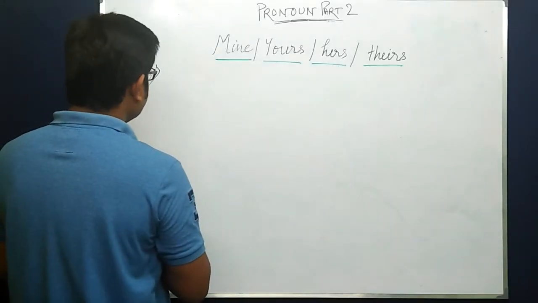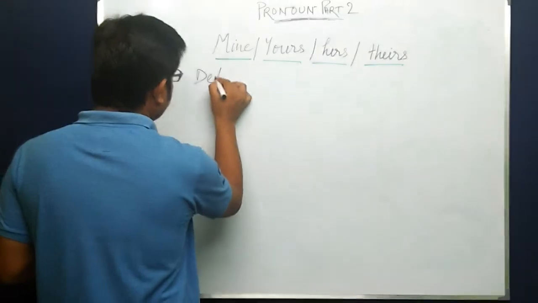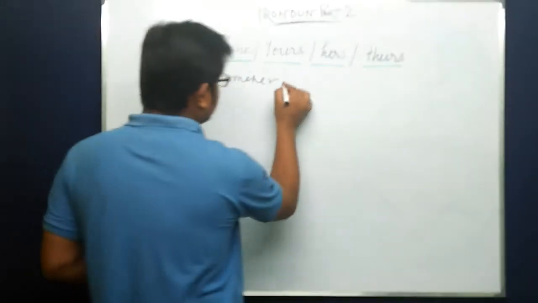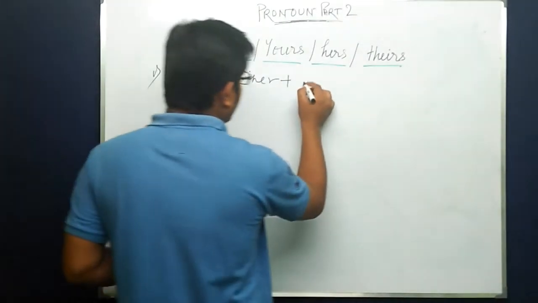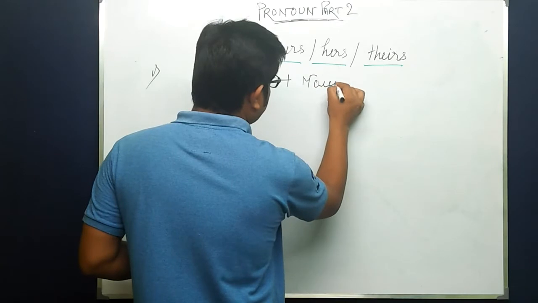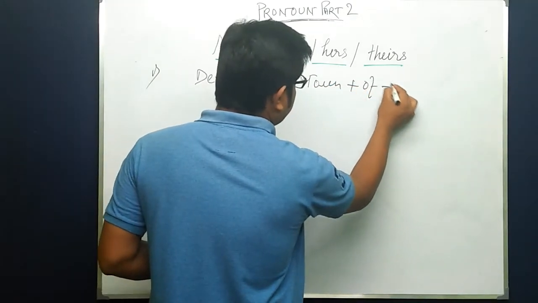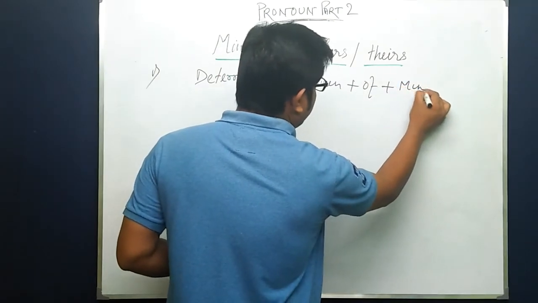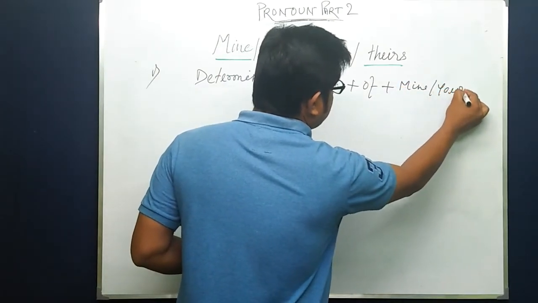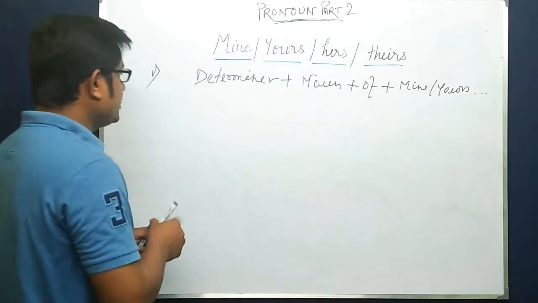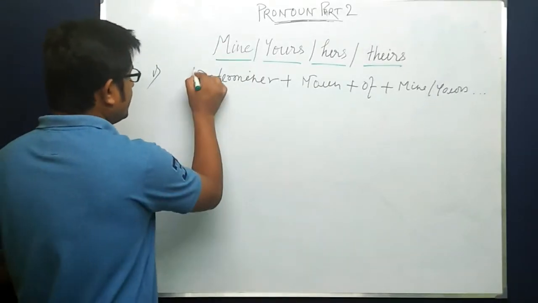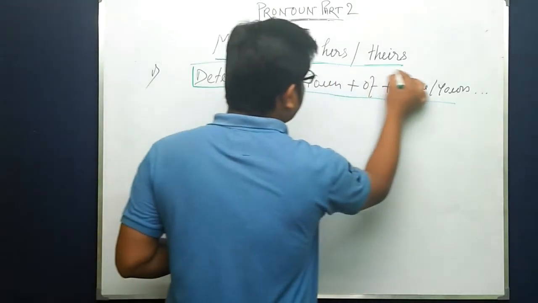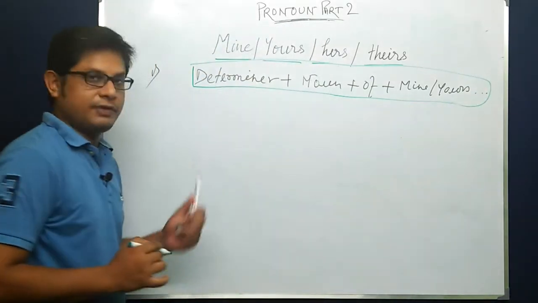At first you can use a determiner, then plus noun, plus of, plus these pronouns, like mine or yours. So this is the first way of using determiner, noun, of, mine, yours, hers, theirs, whatever.